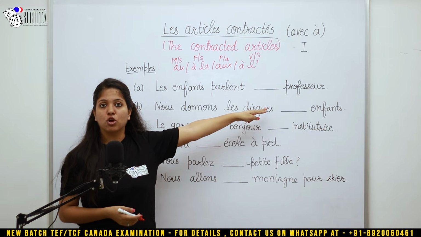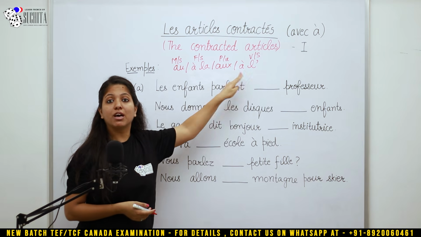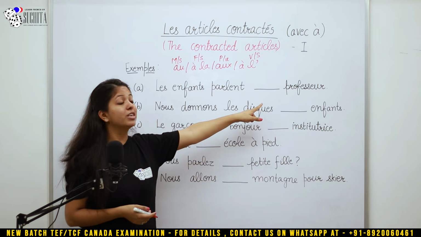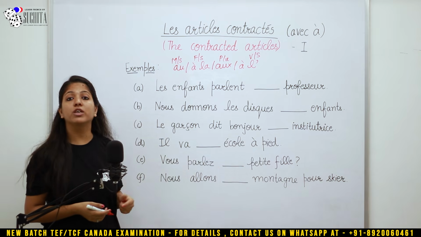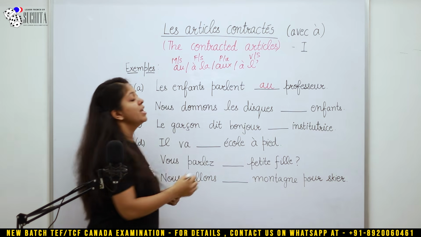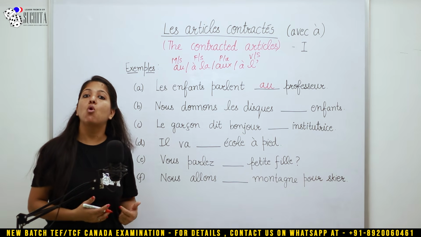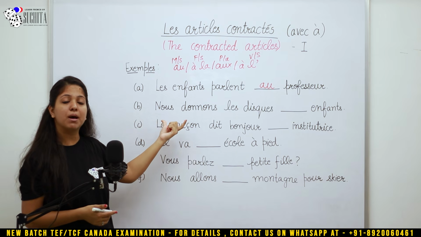So of course it is not plural. It doesn't even begin with a vowel. So these options are ruled out. The word which is next to the dash, that's professeur, that's masculin singulier. So you are going to write au. Les enfants parlent au professeur. Au.